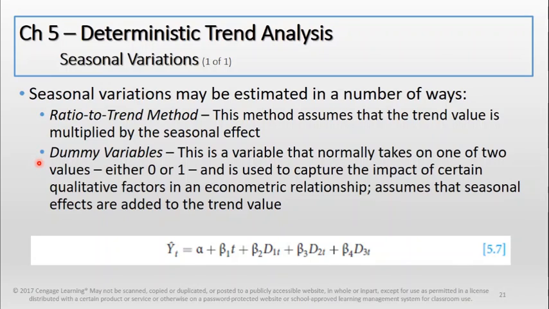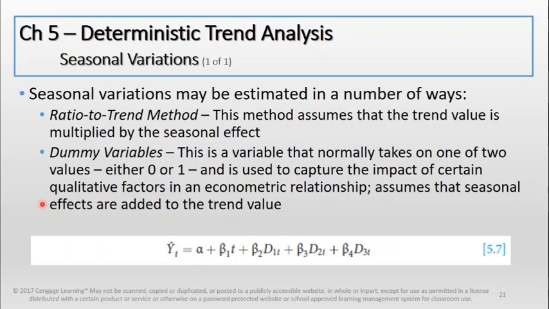When we say dummy variables, a dummy variable is a variable that normally takes on one of two values, so that's either 0 or 1, and is used to capture the impact of certain qualitative factors in an econometric relationship. And this method also assumes the seasonal effects are added to the trend value.